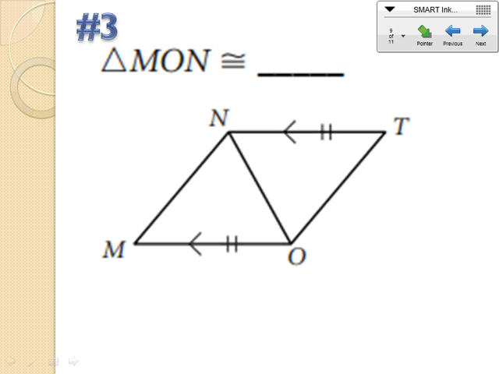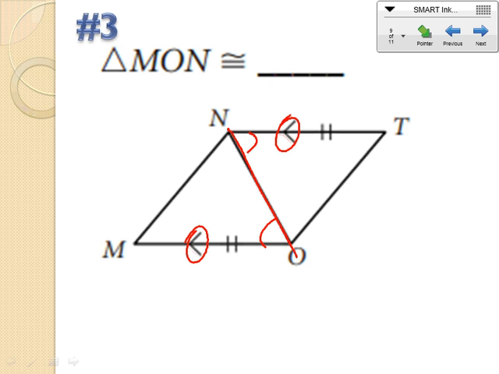In number 3, we just have the picture. So we have parallel lines. We want to pick up that by the notation. When they show you parallel lines, that's a good hint that you're probably going to have some angles that are congruent. So look for those transversals. In this picture, NO is our transversal. And we can say that these two angles here are congruent.